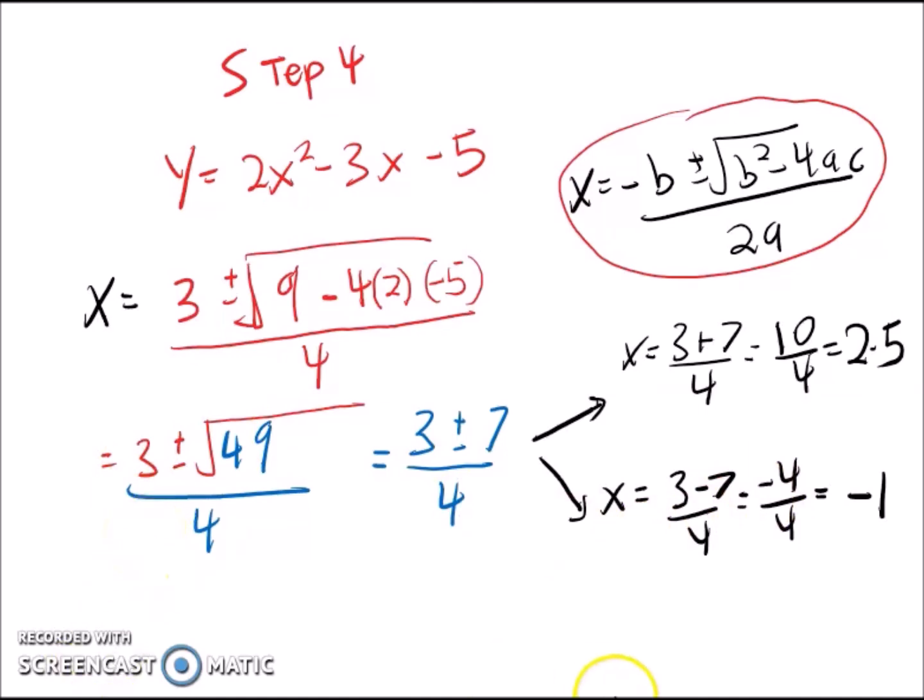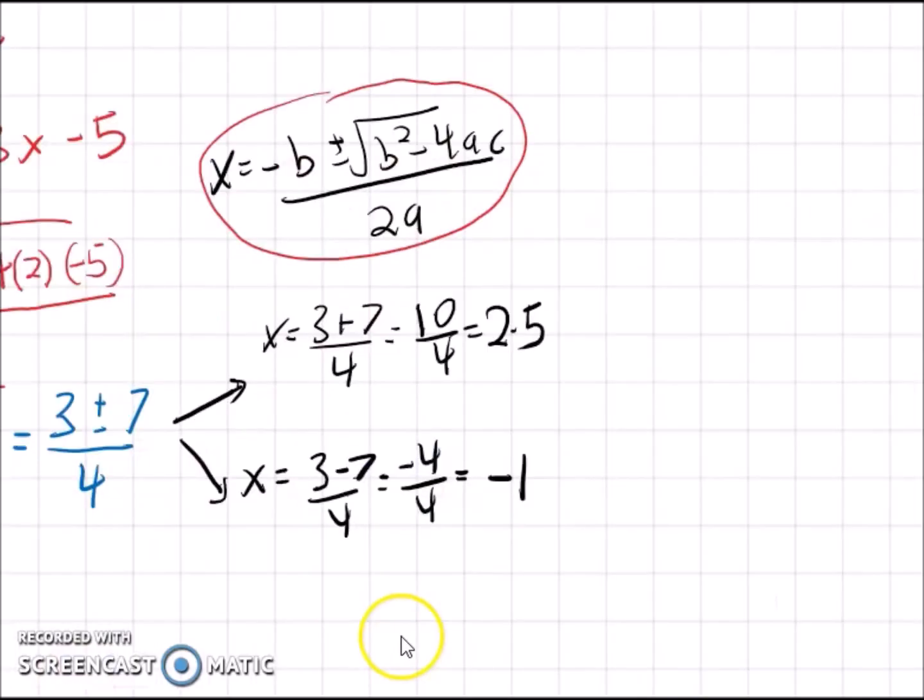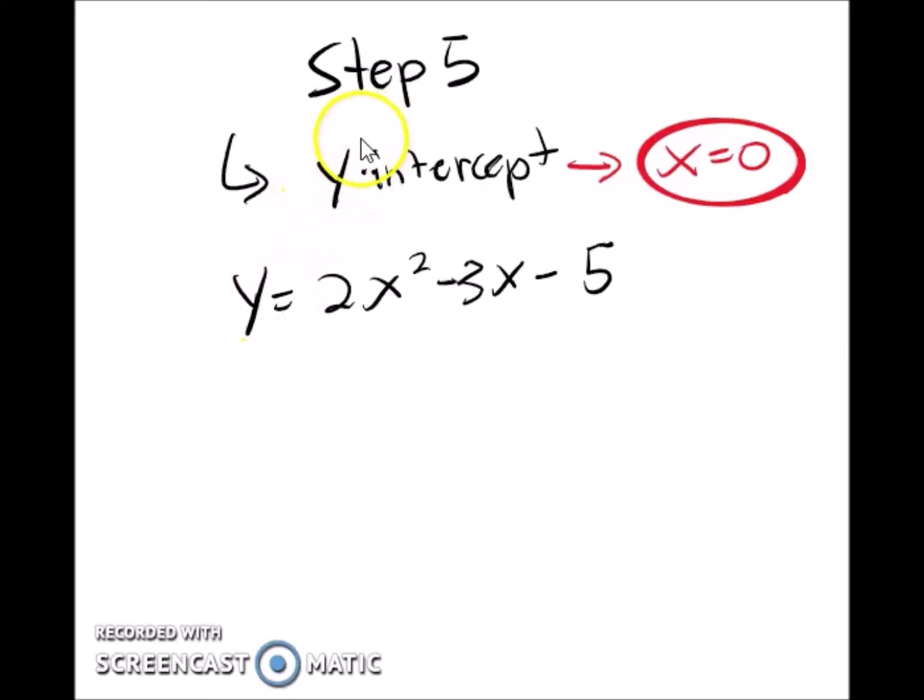Okay, for step 5, we have to find the y-intercept by substituting x equals 0. As you can see here, for the x value, we just have to substitute with 0. So we'll be getting here 2 times 0, and then here we square it.